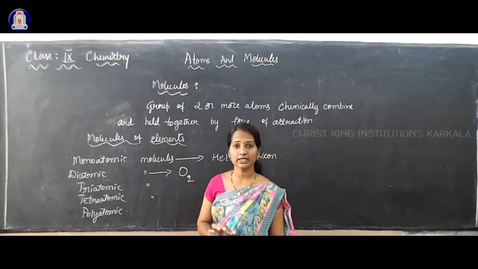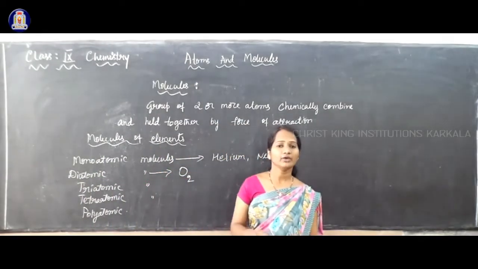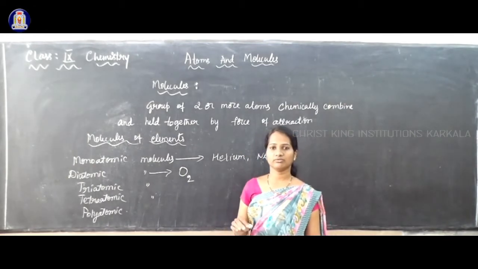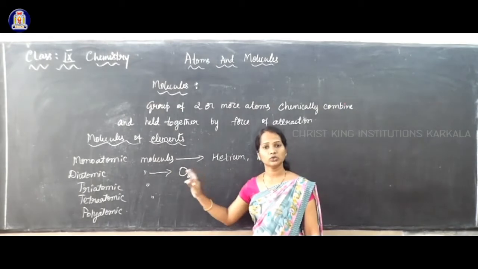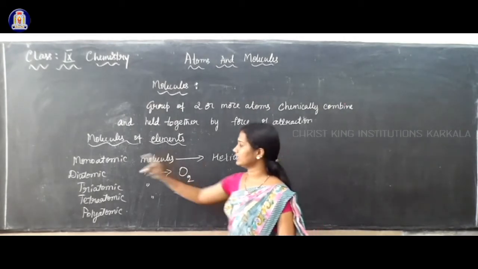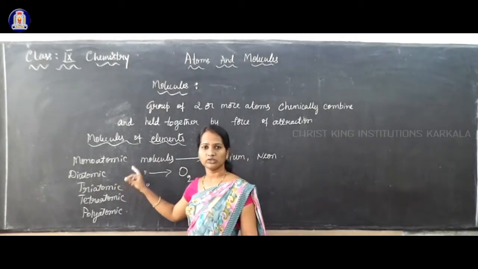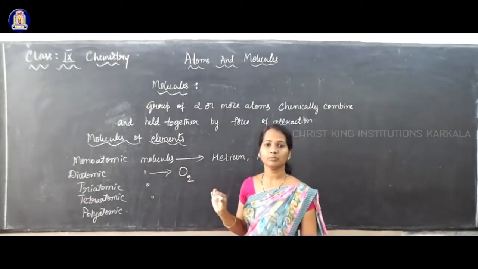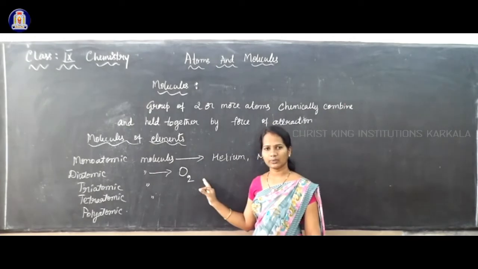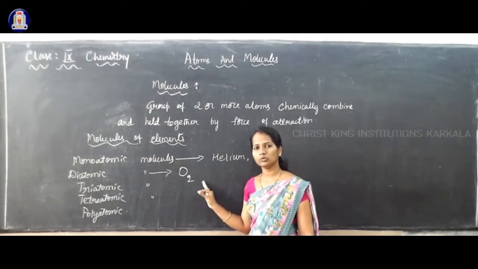Always during the reaction, if we write hydrogen combines with the oxygen, we represent oxygen as O2 because it is a diatomic molecule. Diatomic molecule in the sense there are two atoms. In that molecule, two atoms are present, that is oxygen O2 molecule.